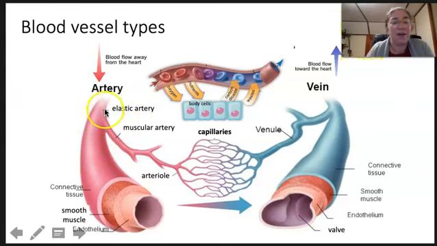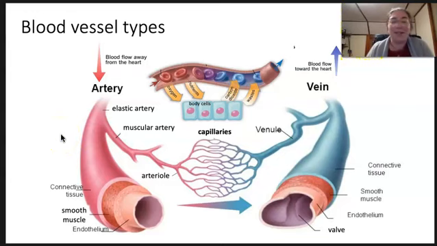Elastic arteries are the largest ones, like the aorta and the abdominal aorta, and the greater arteries. These are elastic, meaning the outer lining is very elastic, in order to be able to receive the high pressure from the heart pumping the blood.